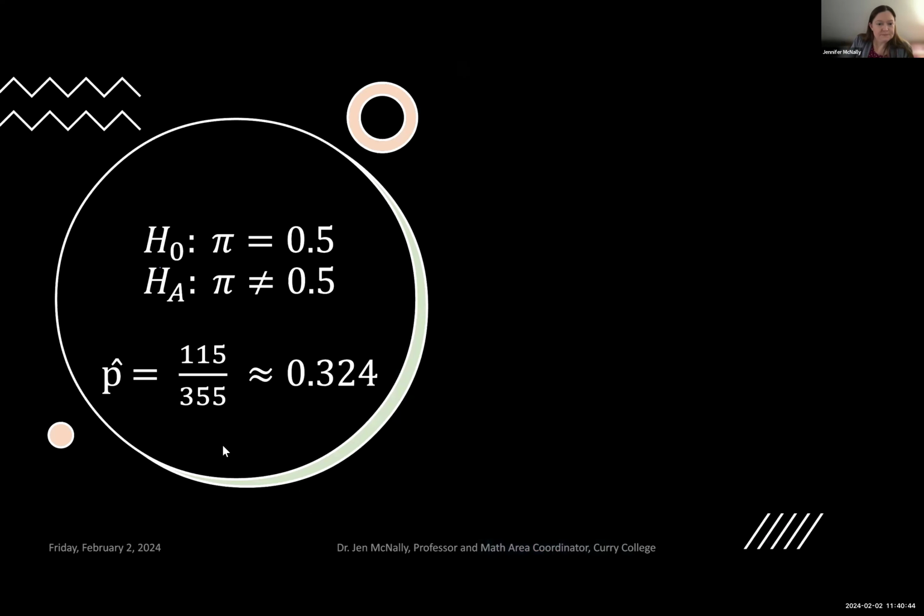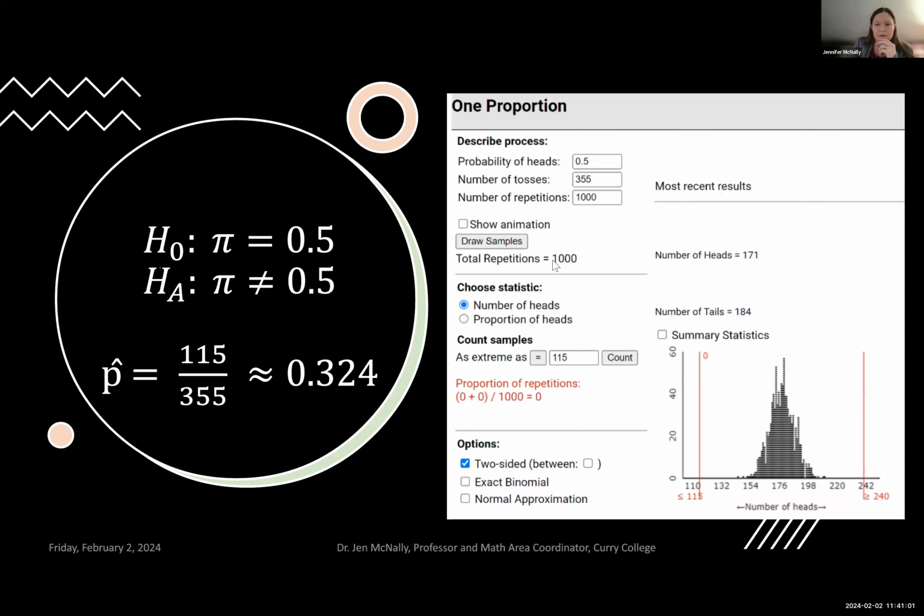So we're going to carry out a significance test using simulation, using the applets in order to see whether these data are exceptional or not. So the Rossman-Chance applets are also linked from inclusivestatistics.com/CI.